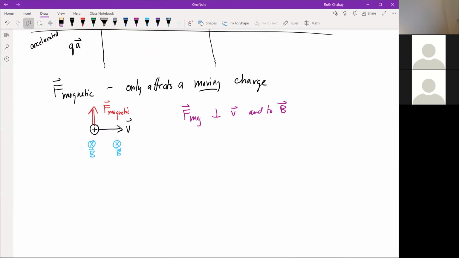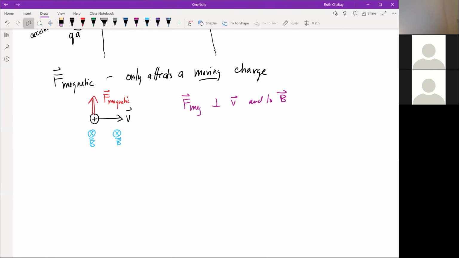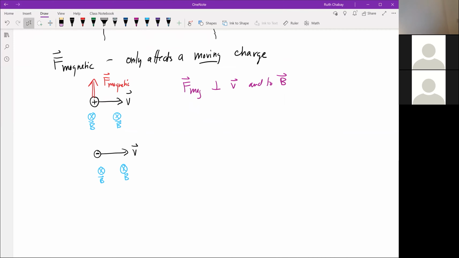And if we have a different situation, suppose we had a negative charge moving in the same direction with the same field. We'd find that the force on that negative charge is still perpendicular to both V and B, but it's in the opposite direction.